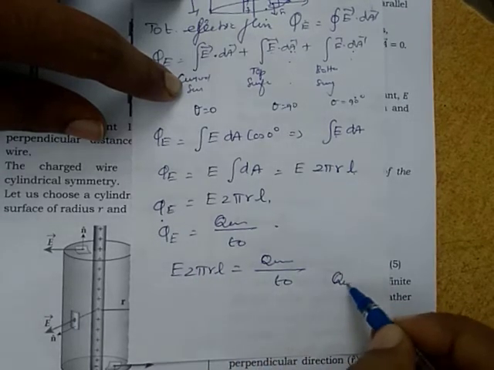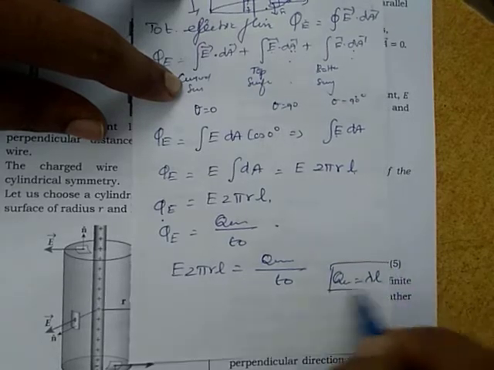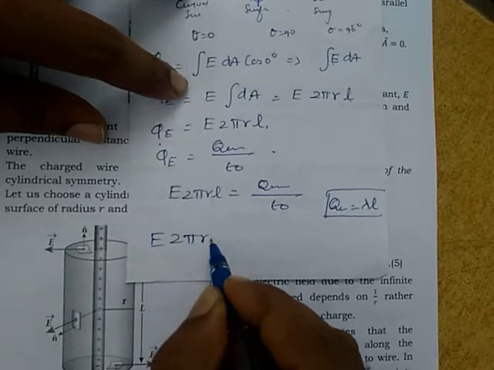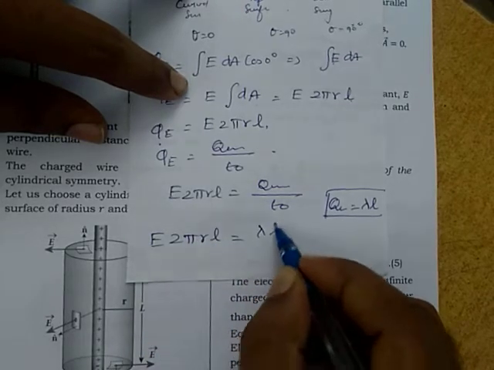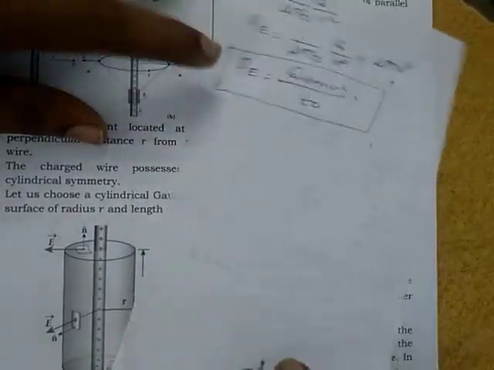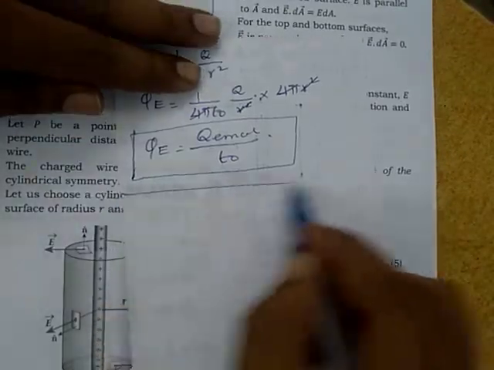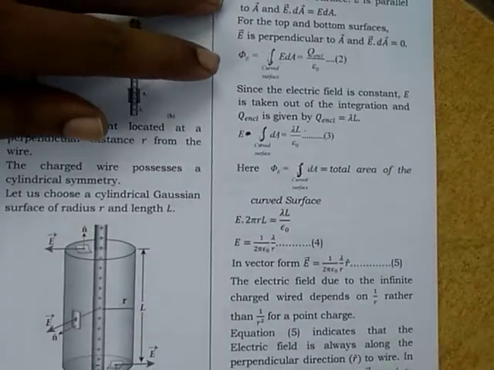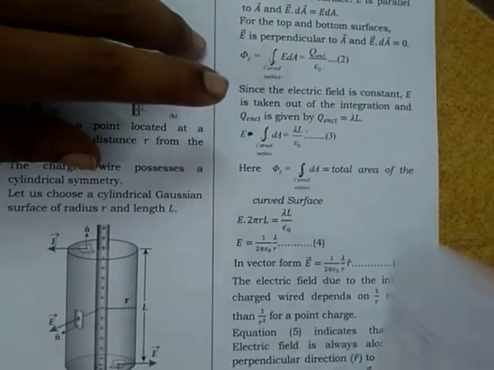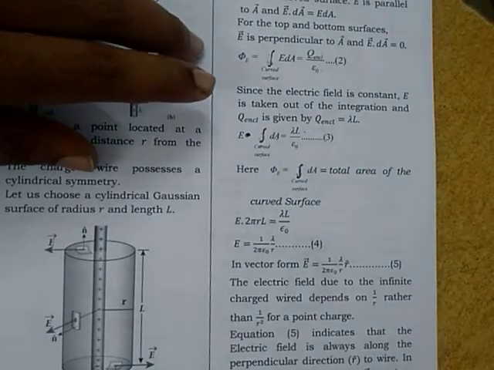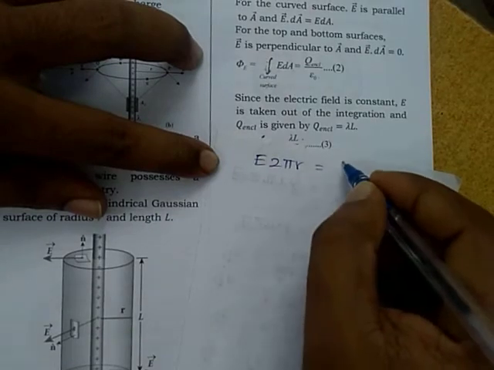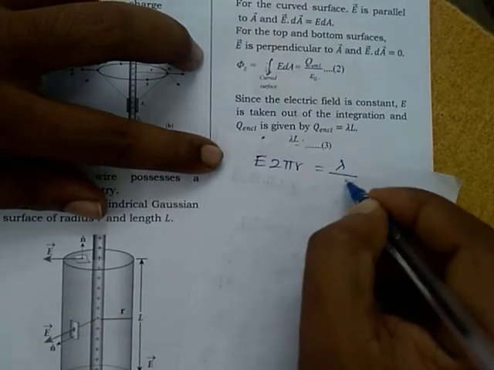We know Q enclosed is equal to lambda L. Substituting this, we get E 2 pi RL is equal to lambda L by epsilon naught. L is going to cancel, then we get E 2 pi R is equal to lambda by epsilon naught.